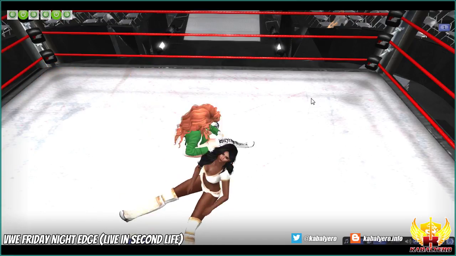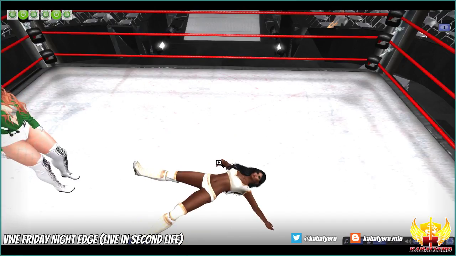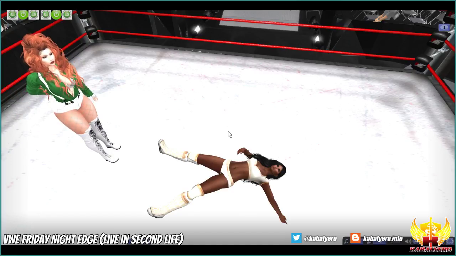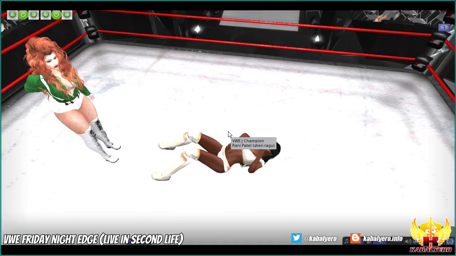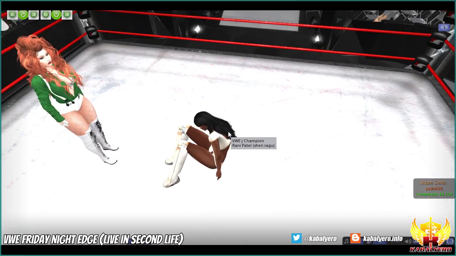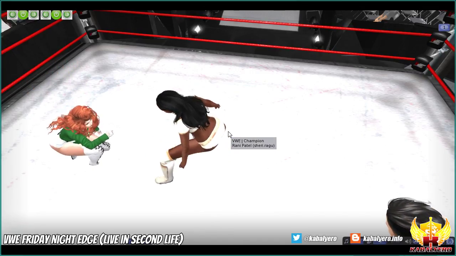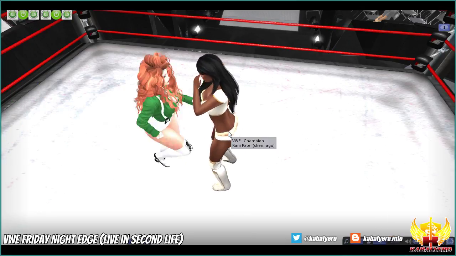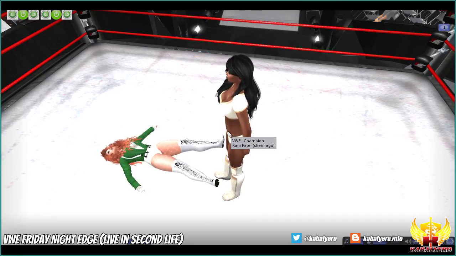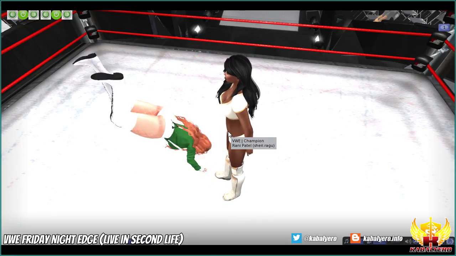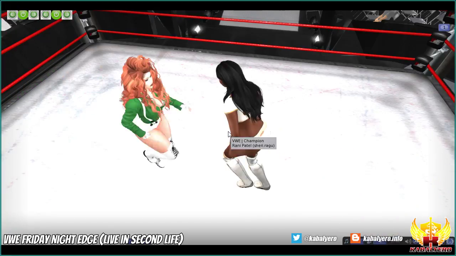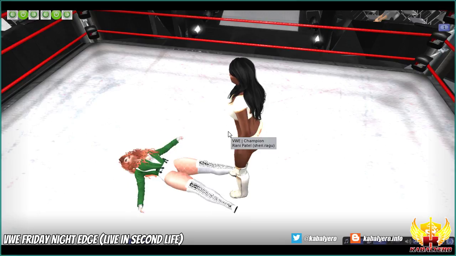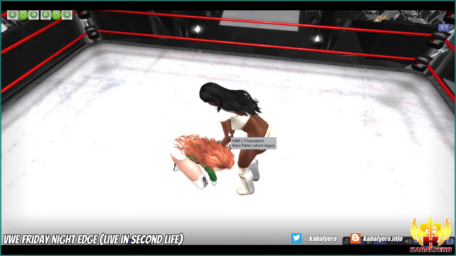And there you go. What's that, a knee or an elbow? There was a running knee or a running elbow on Rani Patel. Someone said in chat that the wrestlers are using some kind of wrestling HUD or wrestling system. And again, they just bumped against each other and collided, and then Stacy fell down.